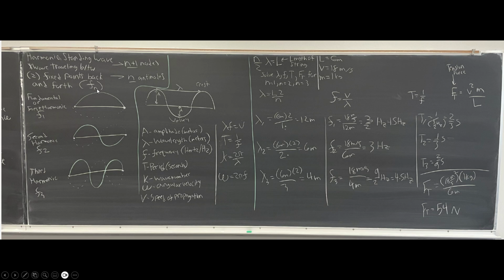And we'll represent the harmonic number of a wave as f sub n. F usually means the frequency, but in this case we're just saying f sub whatever number our harmonic number is. So the fundamental harmonic wave, or the first harmonic standing wave, f sub 1, that's where as our wave is moving through our material, it's making the material bend all the way up like this.